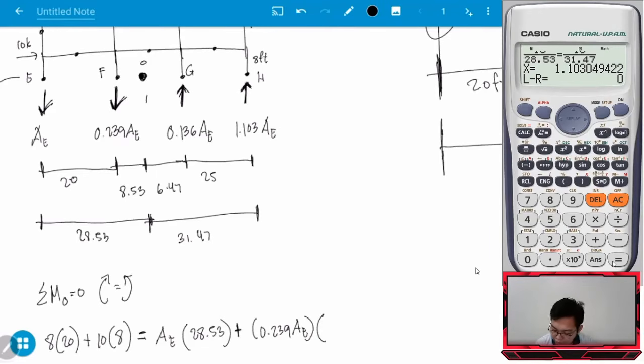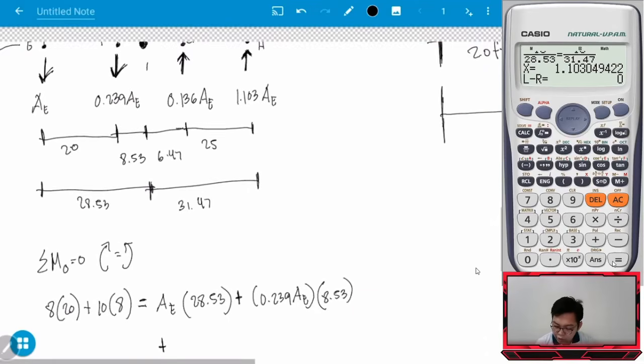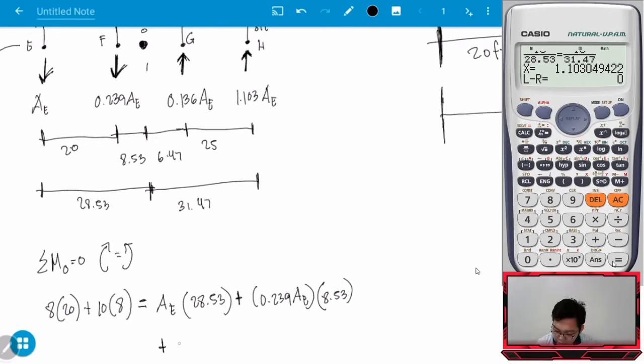That is actually 8.53. Okay, and then plus, dito ko na lang ilalagay sa ibaba, hindi na kasi kasya. Plus, yung isa, 0.136 AE. Now, ano yung moment arm ng 0.136? That is actually 6.47.